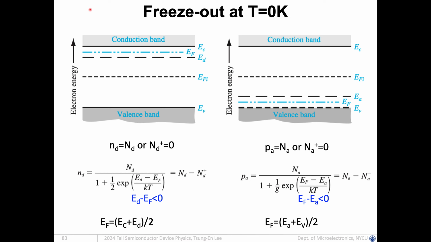When we look at the definition of the Fermi distribution, the donor level is almost 100% filled, and the conduction band has almost no carrier concentration, no electrons. So the position where 50% of the electrons can be filled is the Fermi level, which is in the middle between the conduction band and the donor level.